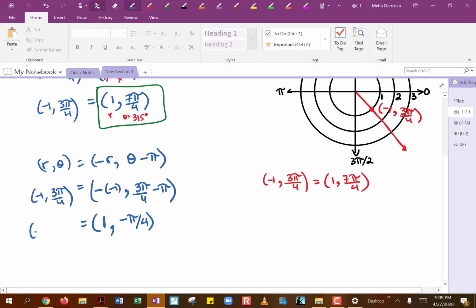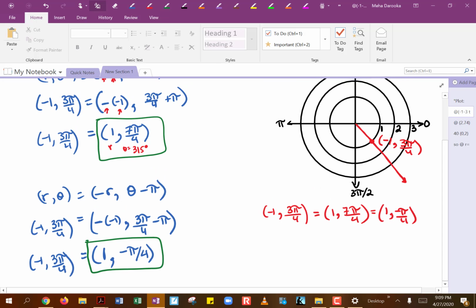So this will be our second representation for this point. So you can write this as equal to positive 1 and negative pi over 4. And again, you should verify that as the same point over here on our polar coordinate. So this is our second representation.